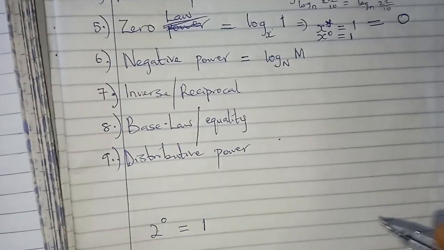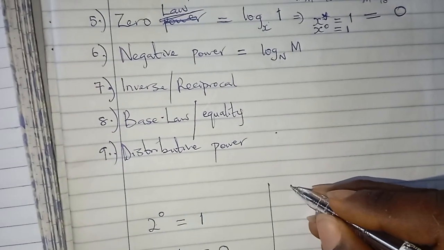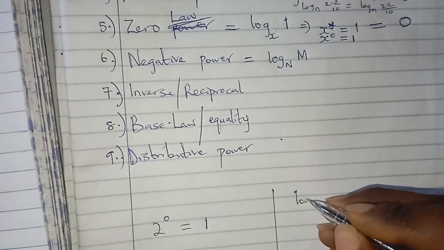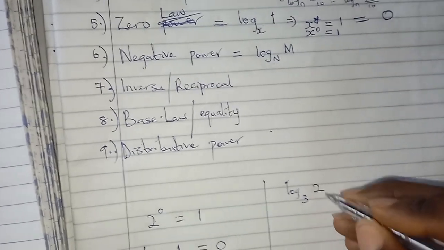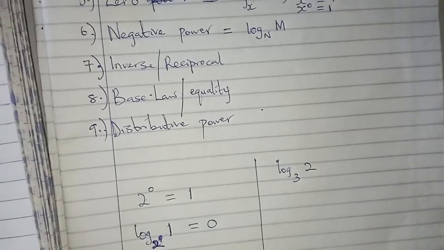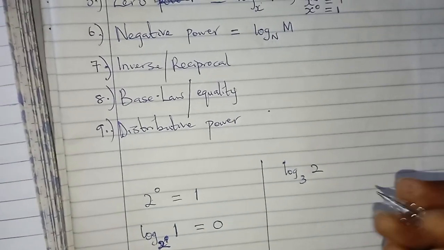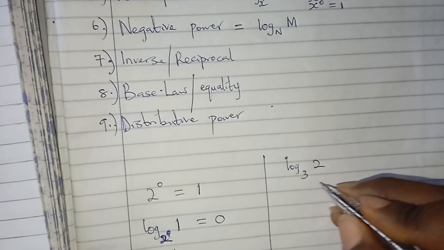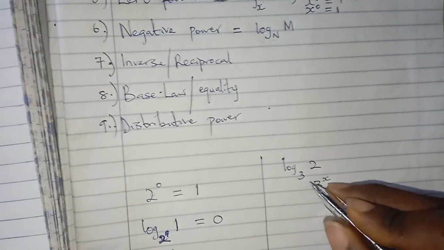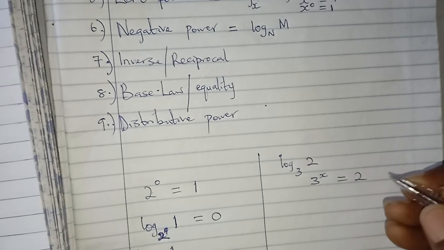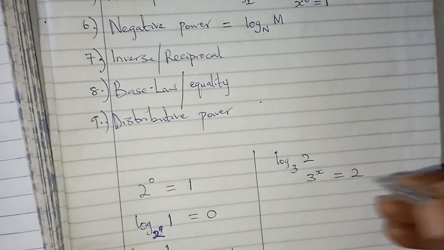It's just like they come and give me a question, like let's say I have log 2 to base 3. Notice that 2 and 3 have nothing in common. Is it not true? And what this will simply mean, I will ask myself, what do I do to the base, which is 3, in order to get 2? So I'll do 3 raised to power x equals to 2.